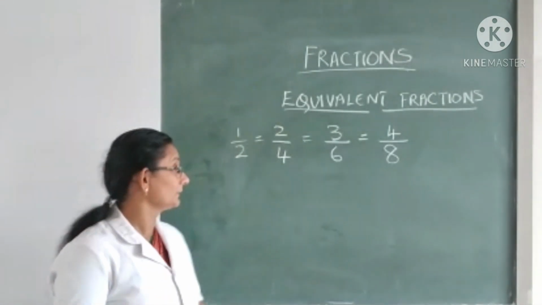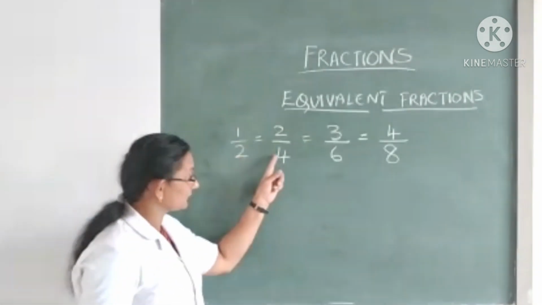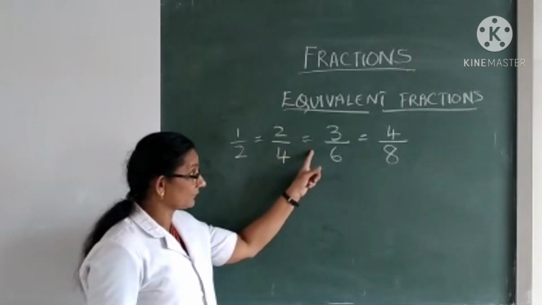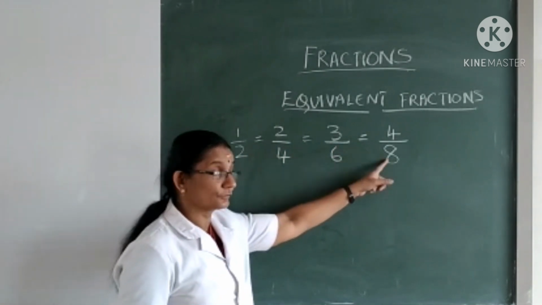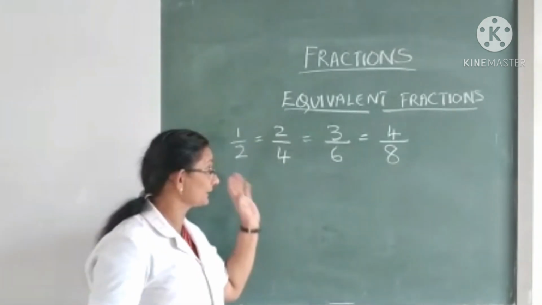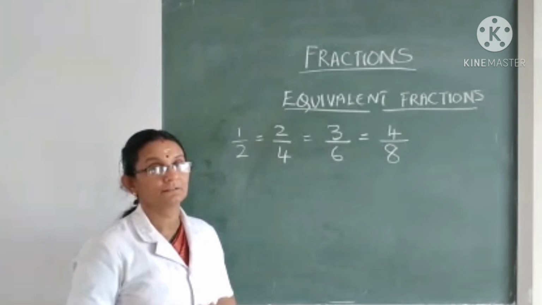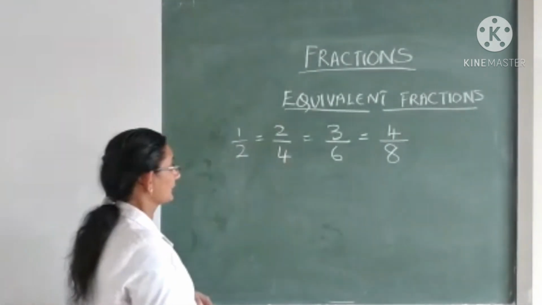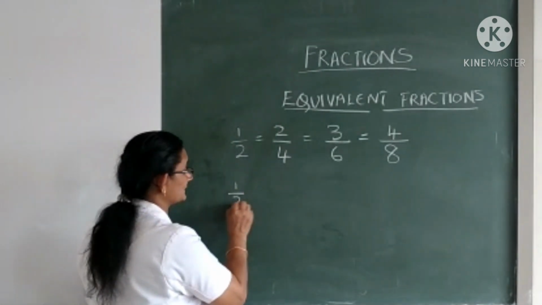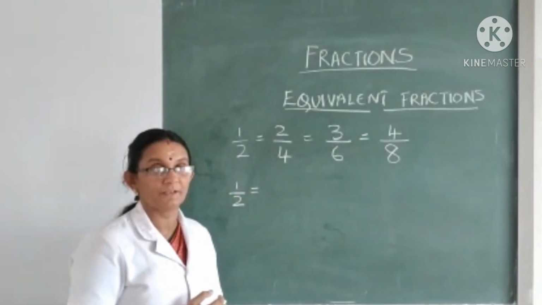Now, children, from the previous example, we have seen that 1 by 2 is equal to 2 by 4, which is equal to 3 by 6, is equal to 4 by 8. So, can you tell me how to relate each fraction, how they are related? Let us see. 1 by 2 is equal to 2 by 4. How can you write 2 by 4?